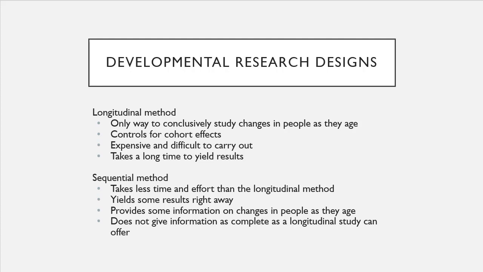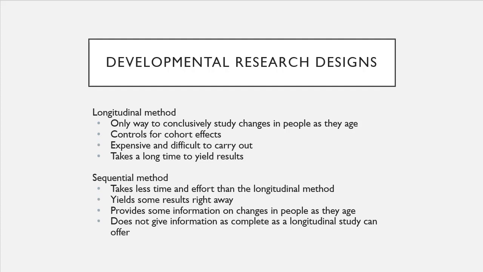It does help to control for a cohort effect, but when we do try to compare two longitudinal studies, like if we wanted to compare 75-year-olds over 10 years, and then we wanted to compare 75-year-olds over 10 years, but in Asia, there might be differences between those cohorts, but generally within a cohort, or between a group, there is not a lot of cohort effects, unless you're comparing them together. It's expensive and difficult to carry out a longitudinal study because it takes time and intentionality for somebody to track changes over time. And obviously, it takes a long time to yield the results.